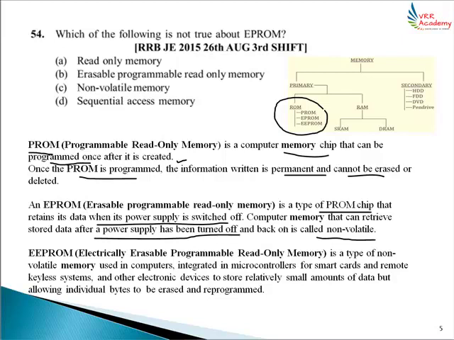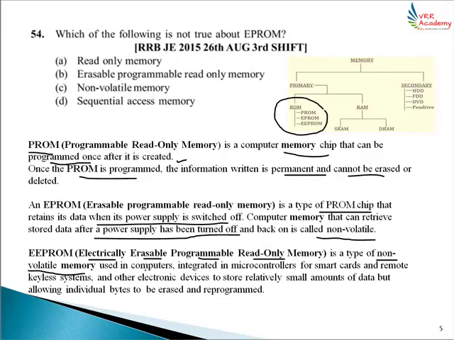So the next one is EEPROM, electrically erasable programmable read-only memory. This is also a non-volatile memory, so the content will be retained even if the power is switched off.